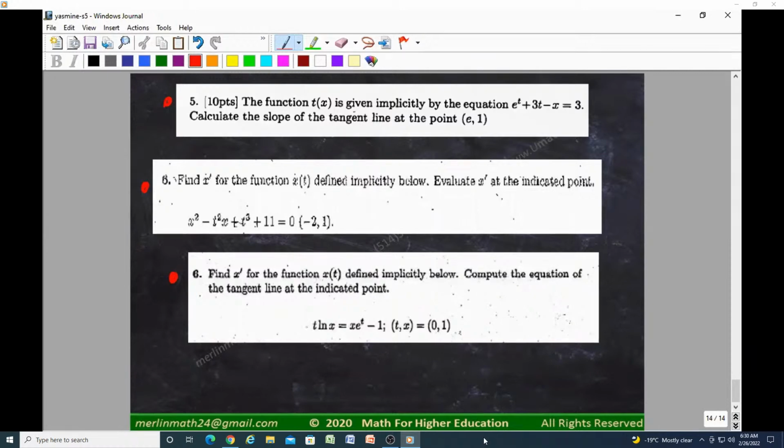Now you notice here it's x of t. Now this is t of x. Average students who don't understand what's going on, and even weaker students, get confused because they see x of t.